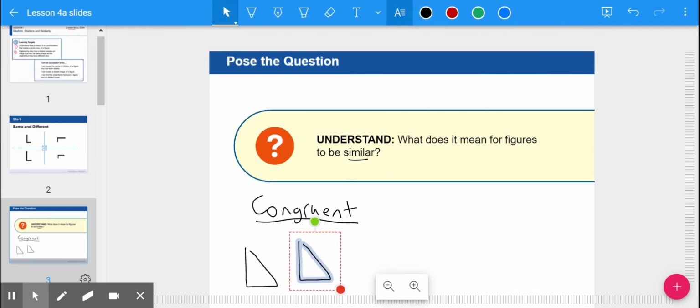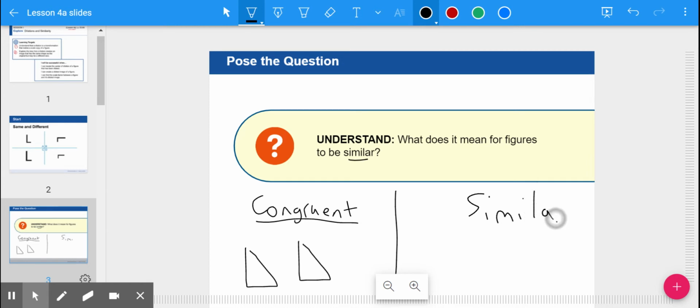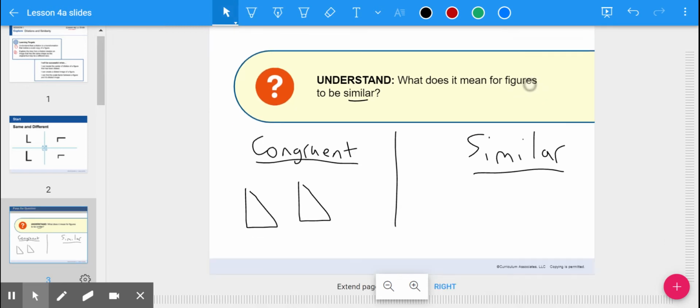But what's different about today is when we're talking about similar, what does that mean? To you, it might mean almost the same, but not the same. And that's actually exactly what we're getting at. You might have a triangle here, but something that's similar would not be the same exact triangle. It wouldn't be congruent.